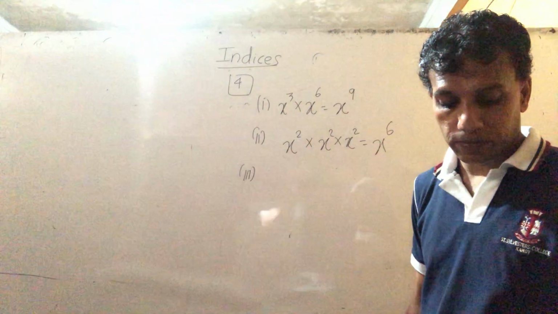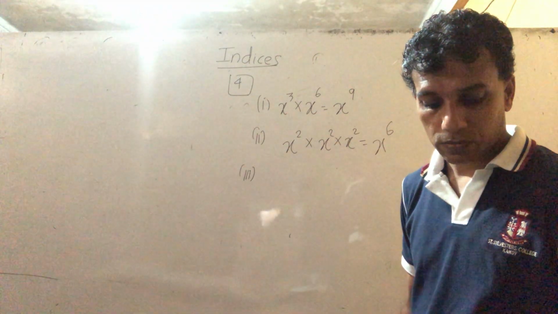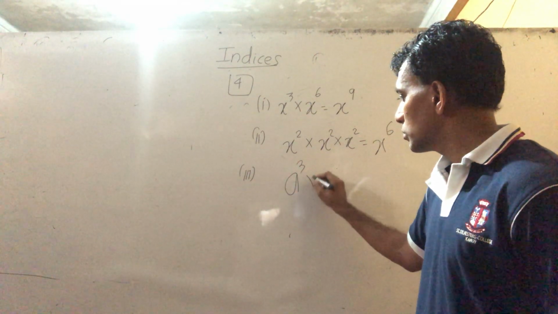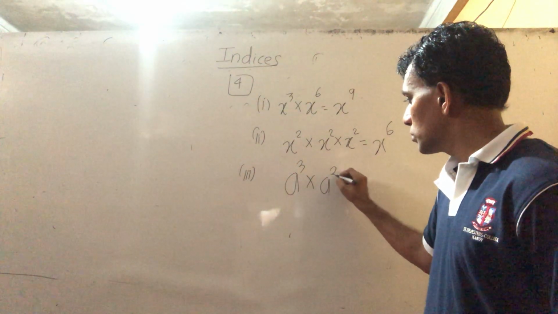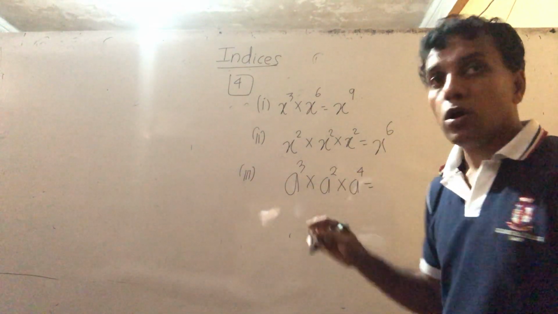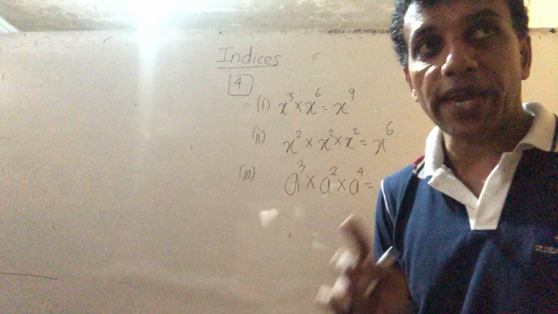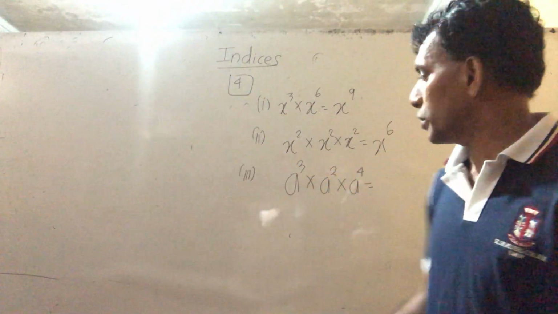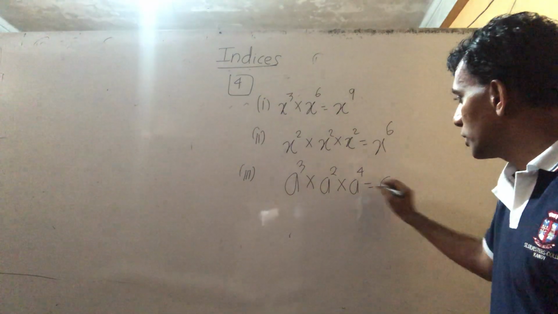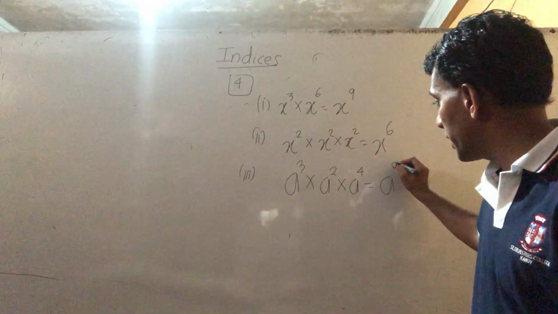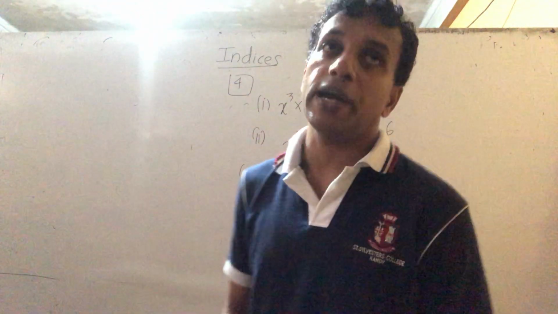Third question: all the bases are equal to a, all multiplication, so add the powers. A to the power 3 plus 2 is 5, 5 plus 4 is 9. A to the power 9.